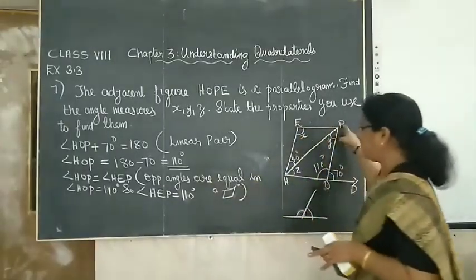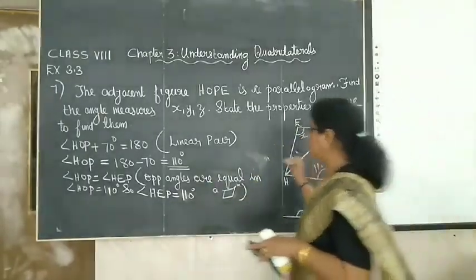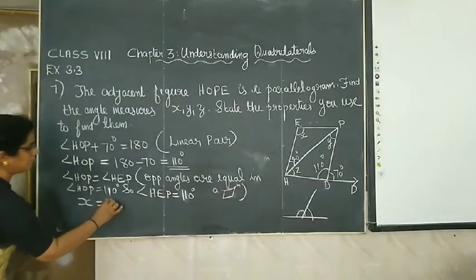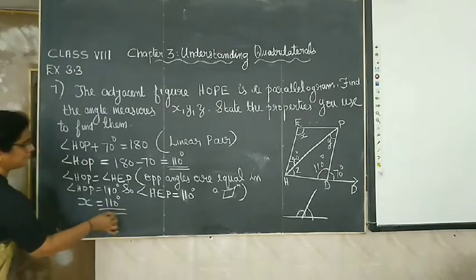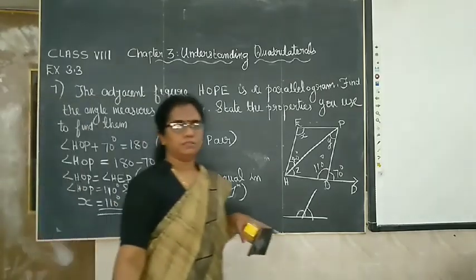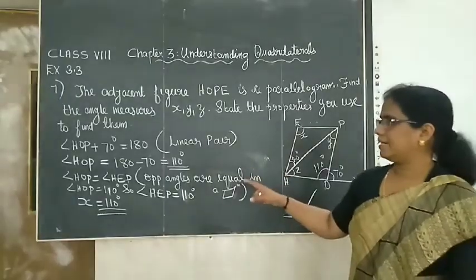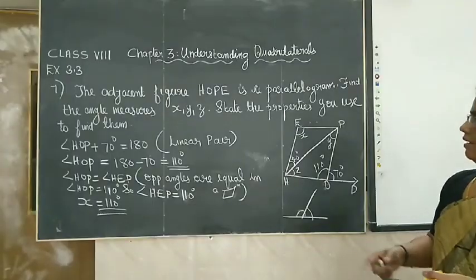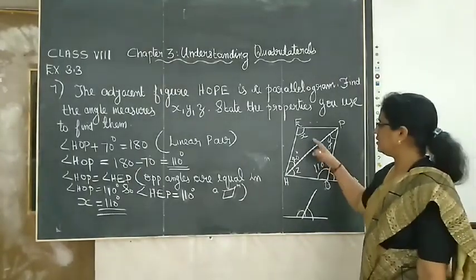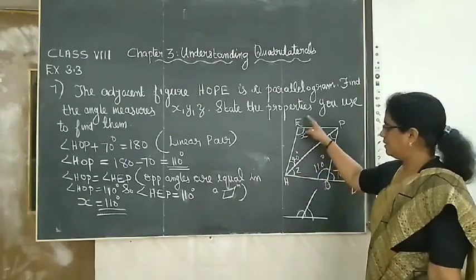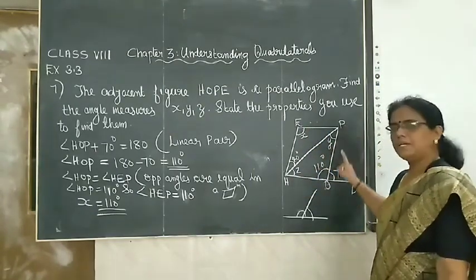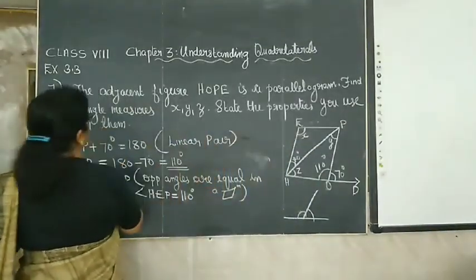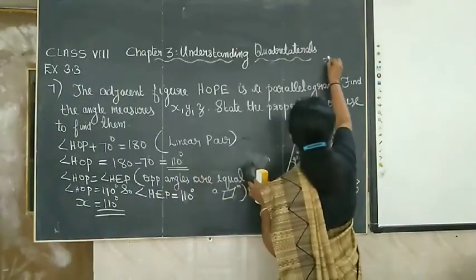Angle HEP is actually X. So we can write X equal to 110. So we got the first value, that is X equal to 110. Now you consider these two lines, that is EH and PO. Here we can write X equal to 110.